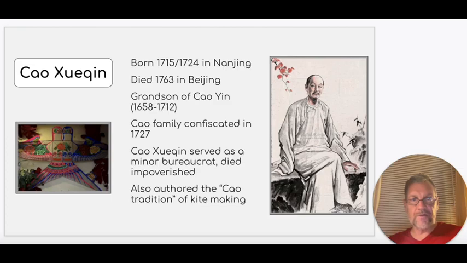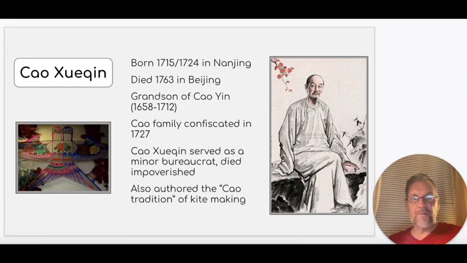You can also give students a sense of how the novel is in certain aspects autobiographical, at least in very large outline, by relating to them that Cao Xueqin was born in 1715 or 24, it's not clear, but that his grandfather, Cao Yin, was a very close associate of the Kangxi Emperor of the Qing dynasty, but that the Cao family fell out of imperial favor soon after Cao Xueqin was born, and that their name was disgraced and their immense wealth confiscated.